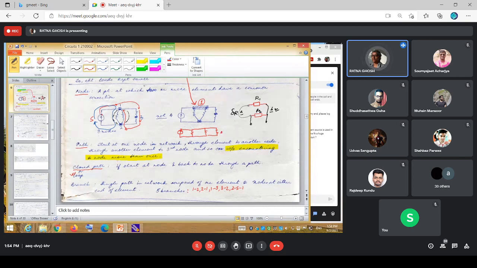So this was the 3 point and this is this. So this is one mesh, this is another mesh, this is another mesh. 3 mesh currents.